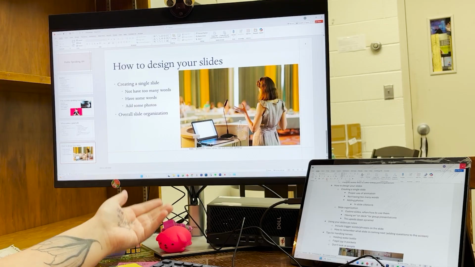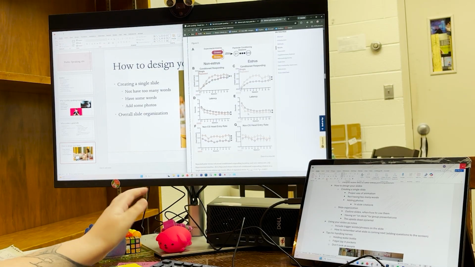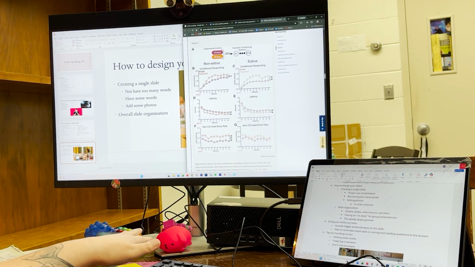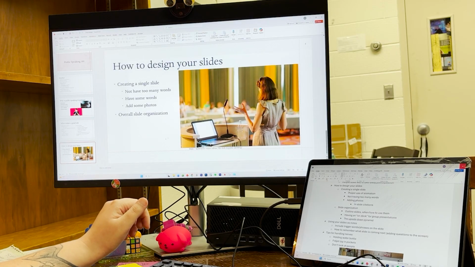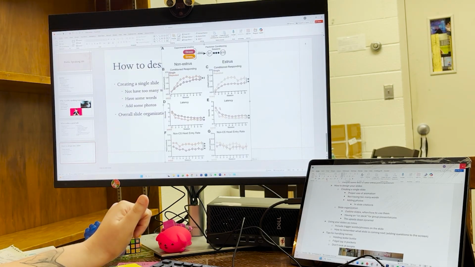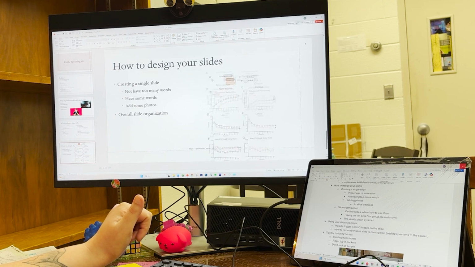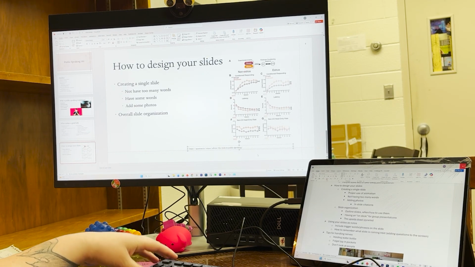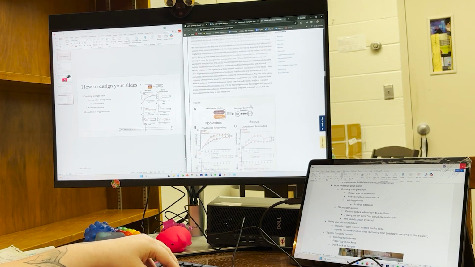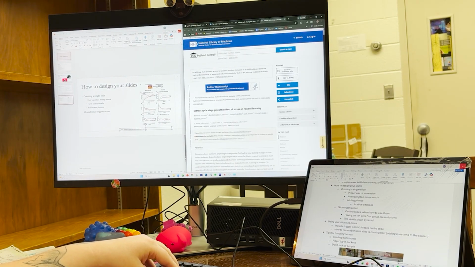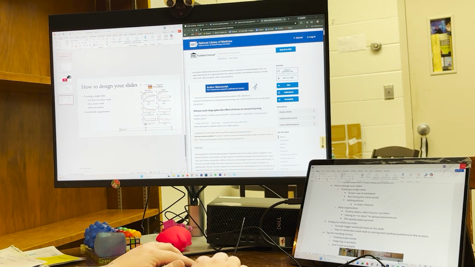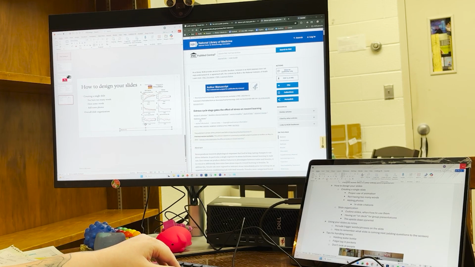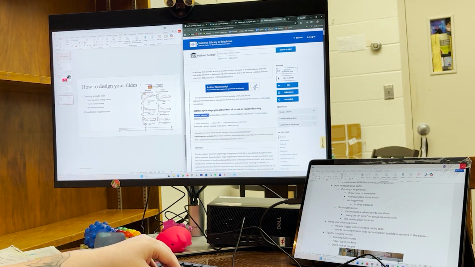If you're citing some scientific research, let's say I wanted to include this research in my presentation, I would copy the picture, paste that picture in there, and then because this is research, and especially if you're giving a research talk, what you actually want to do is properly cite where this came from. So this came from Johnston et al. I took the first author of the paper and then added et al. because there's a lot of people in there.